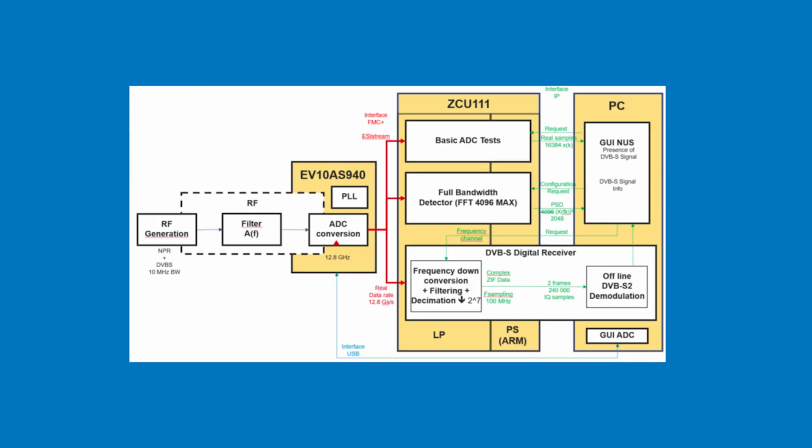The ADC streams data to the FPGA via high-speed serial links over EasyStream protocol, while control and data retrieval are managed through TCP/IP communication between the PC and the FPGA board.